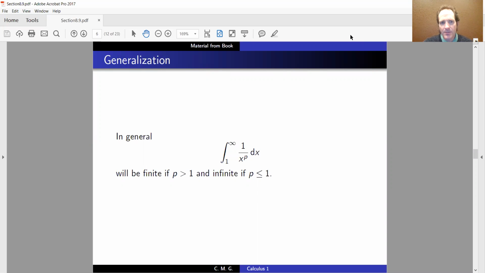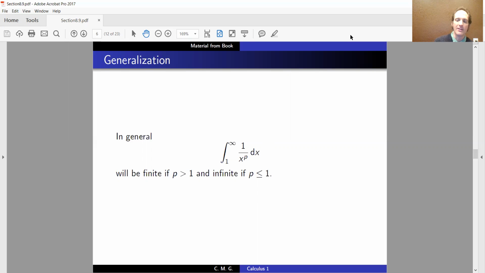So in general, if I have 1 over x to some power, that will be finite if I integrate from 1 to infinity, if that power is bigger than 1. If it's a big enough power, this is going to be finite. But what is that actually doing? Well, the antiderivative of 1 over x to the p has a denominator if that p is big, and has no denominator if that p is small.